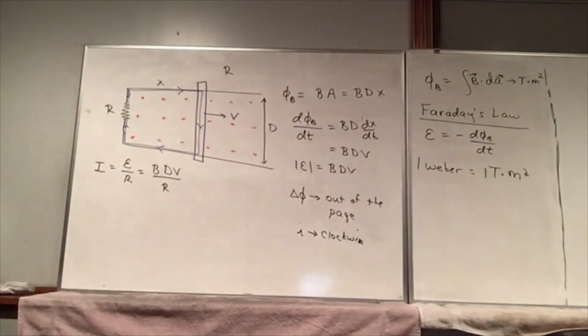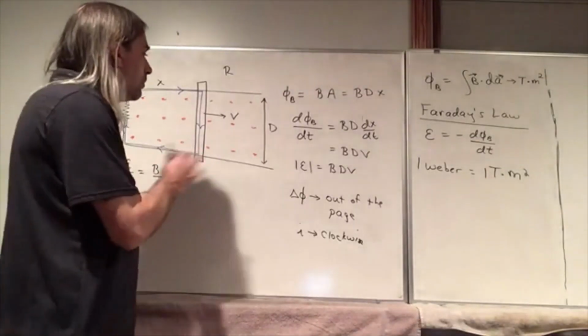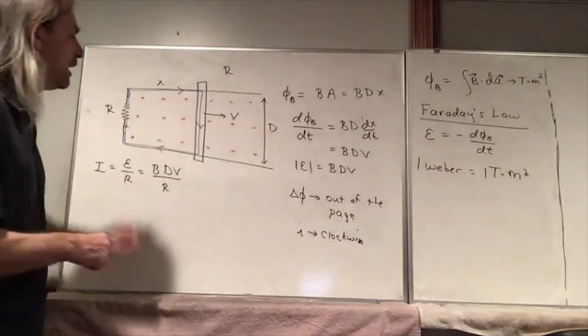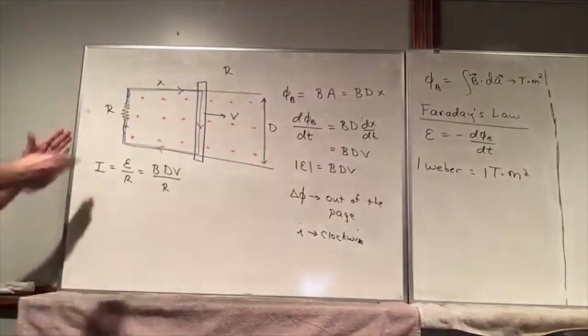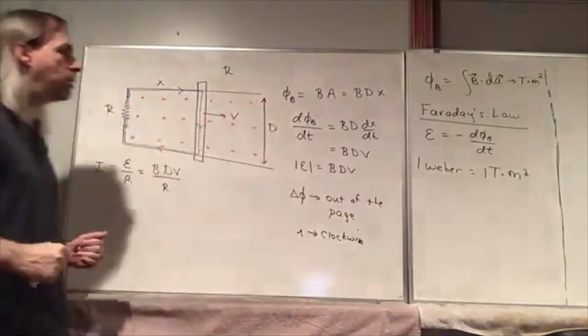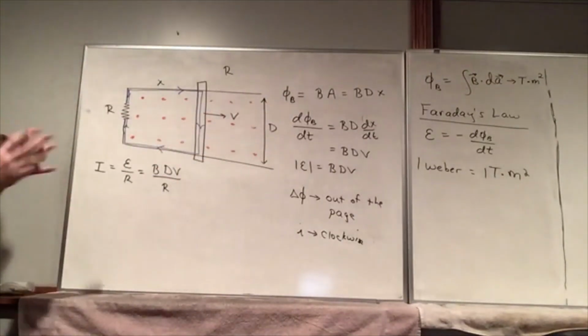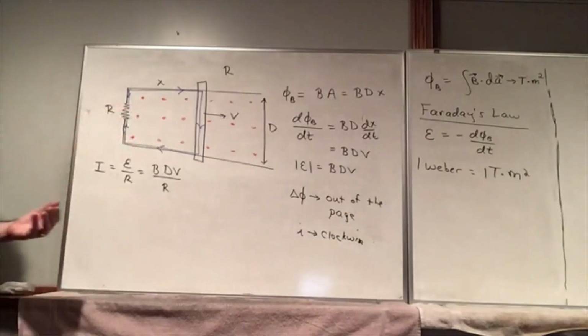Okay. Now, let's look at energy considerations here. Now, again, there's a magnetic field that exists. This is an external field here. But by pulling this, you're creating a magnetic field that's going to interact with the magnetic field here.